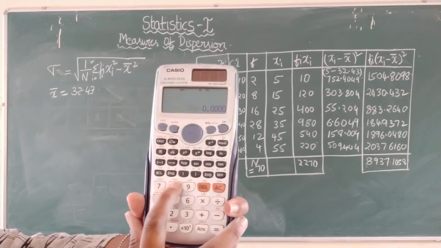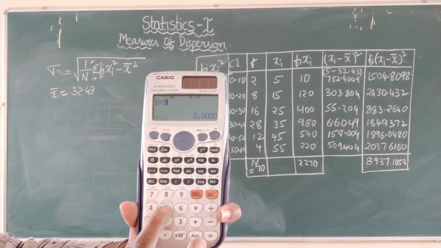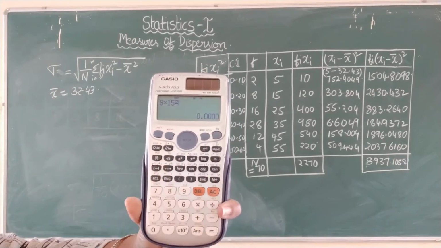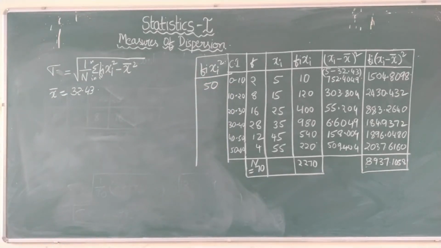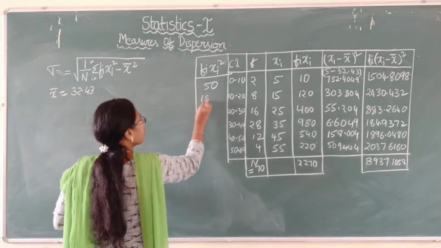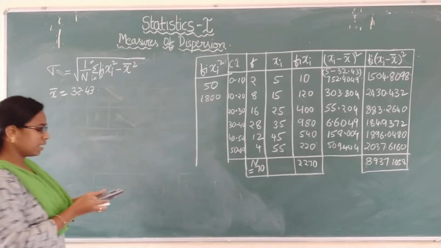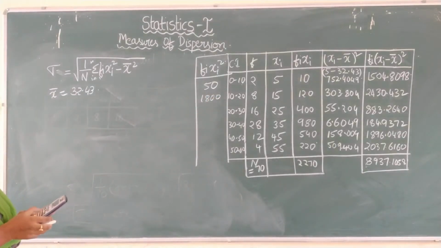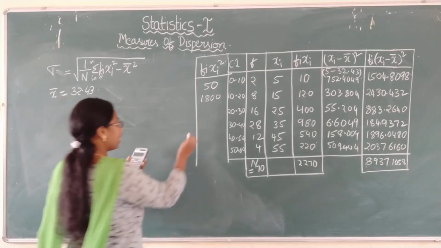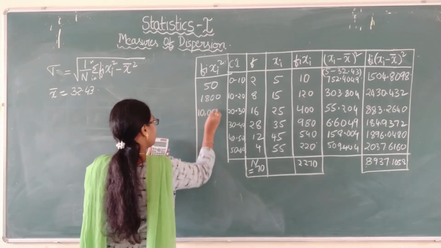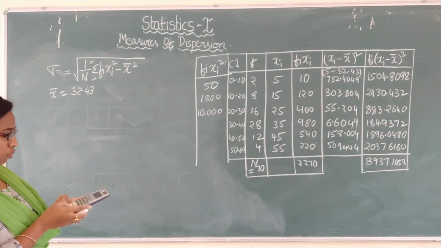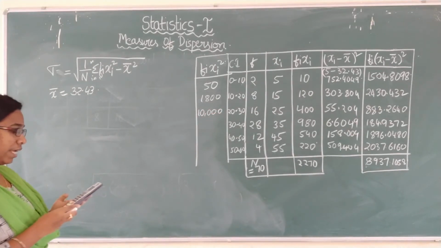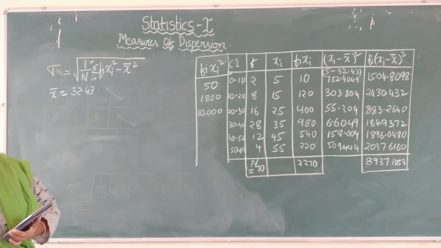Directly 8 into 15 square is 1800. Next is 16 into 25 square is 10,000. Next is 28 into 35 square is 34,300.